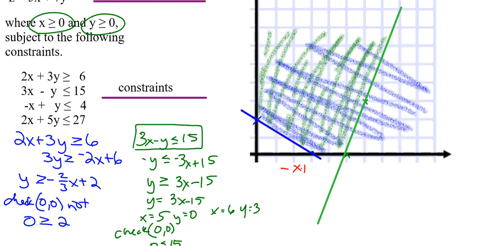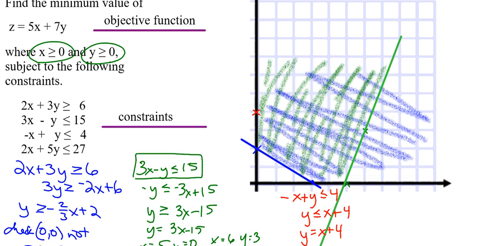We've got negative x plus y is less than or equal to 4. And so y is less than or equal to x plus 4. Y equals x plus 4, another solid line. I've got a y-intercept of 4, 1, 2, 3, 4, and my slope is 1, so maybe I'll slide that a little bit.